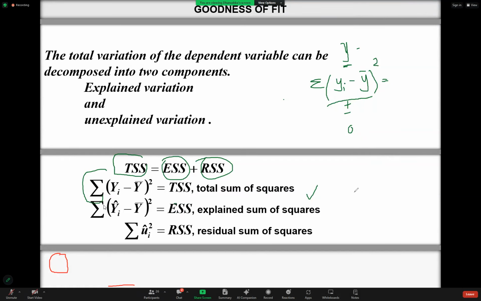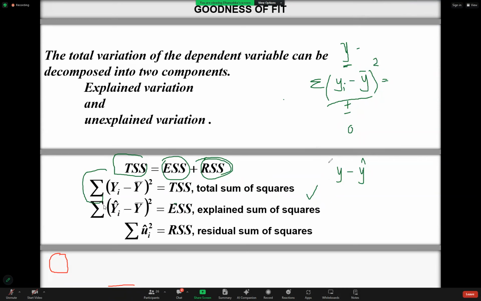Then we have other concepts called explain sum of square and residual sum of square. Do you know what the residual is? Error term is equal to y minus y hat.